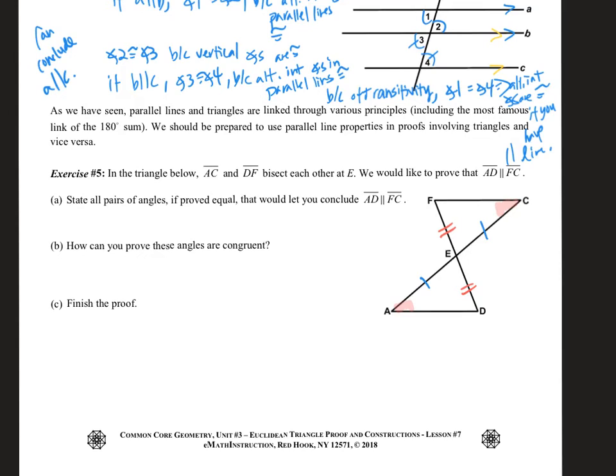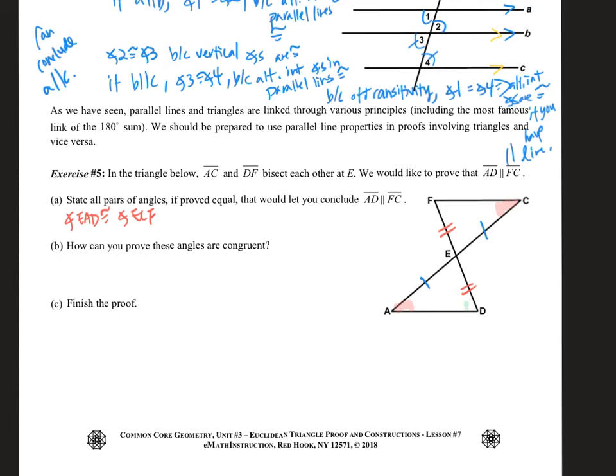So let's say that if angle, let's name this angle EAD, if this were congruent to angle ECF, oh boy, we would just know for a fact that FC and AD were parallel. We also have another alternate interior angle going on here.